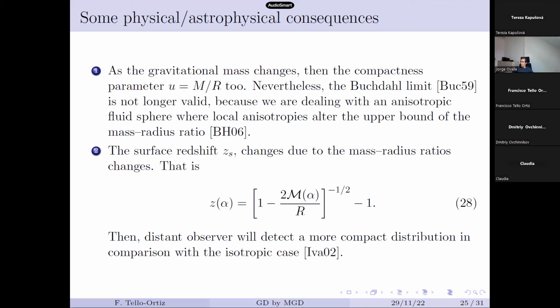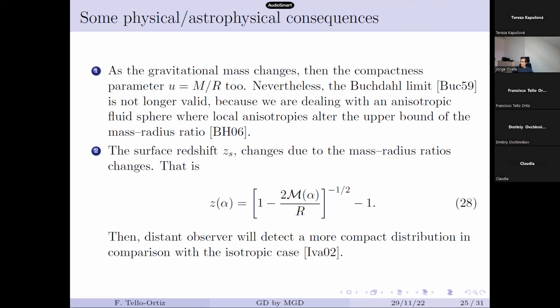When you are modifying the mass, because you are introducing, in this case, an anisotropic behavior, the Buchdahl limit is no longer valid, because the Buchdahl limit was found using a perfect fluid matter distribution.